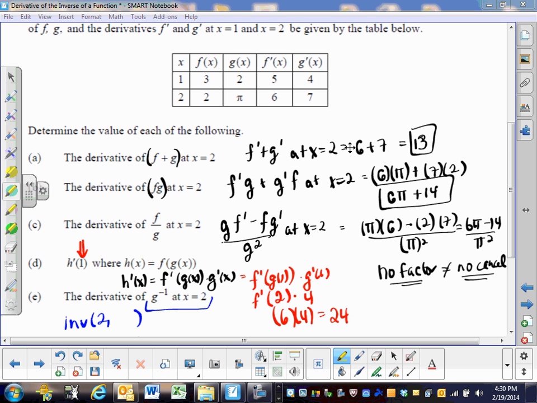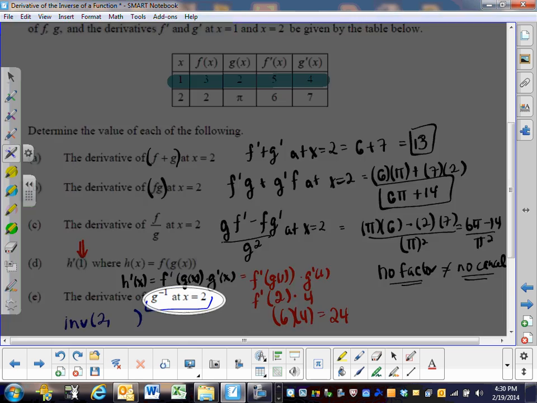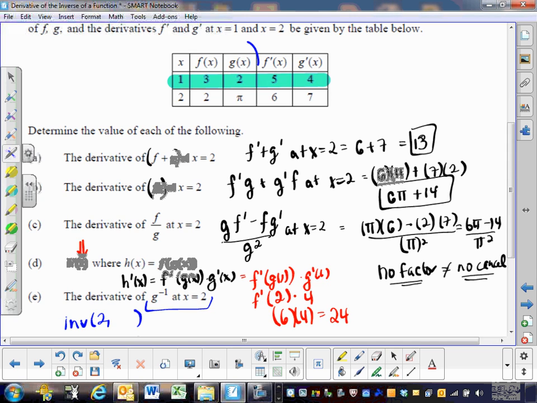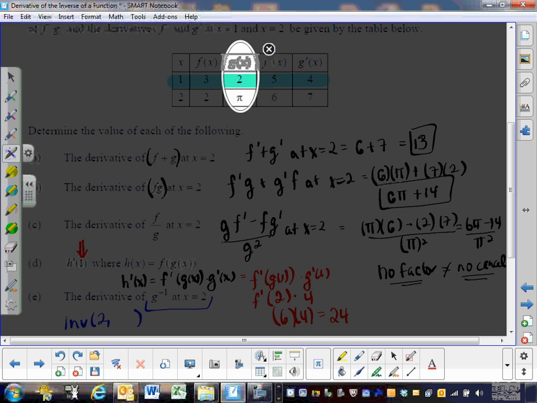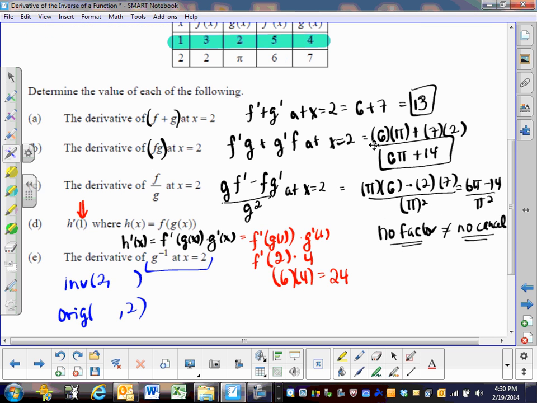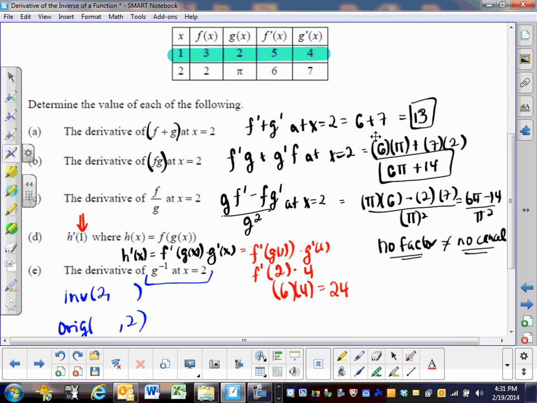So then we get regular g at 2, which is pi, times f prime at 2, which is 6, minus regular f at 2, which is 2, and g prime at 2, which is 7, all over g squared, which is actually pi squared. So I end up with a ton of students that want to cancel this, and it absolutely does not cancel. This is 6 pi minus 14 all over pi squared.